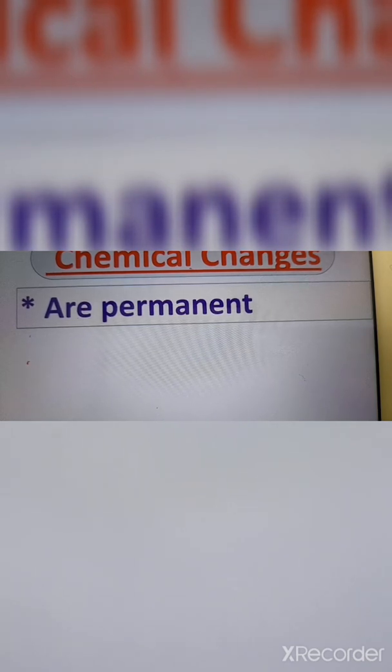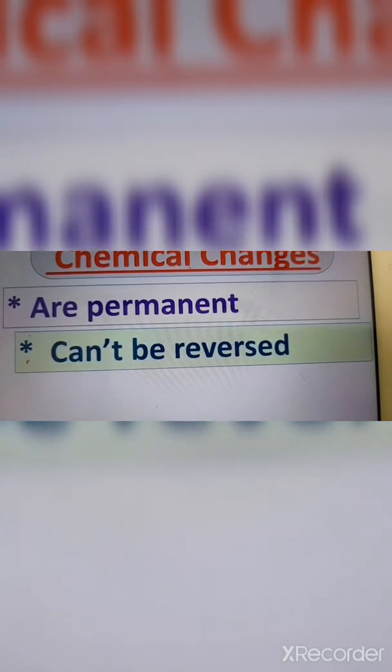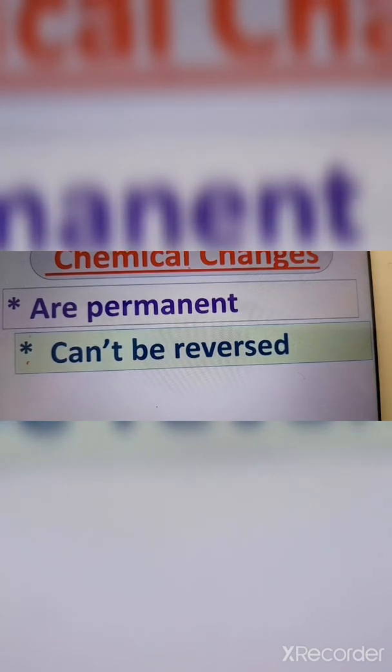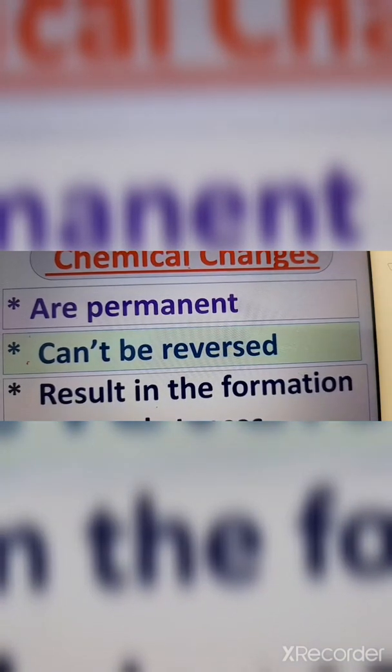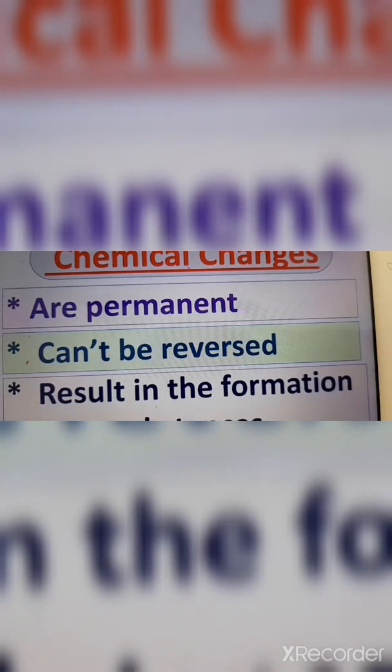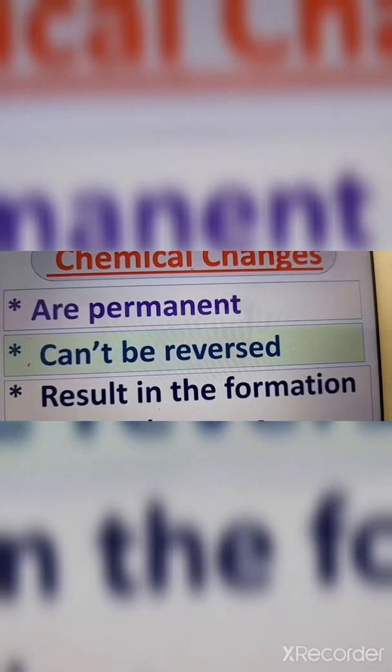They are permanent and they can't be reversed. And the third point is that they result in the formation of new substances. In chemical changes, we always get a new substance, right?